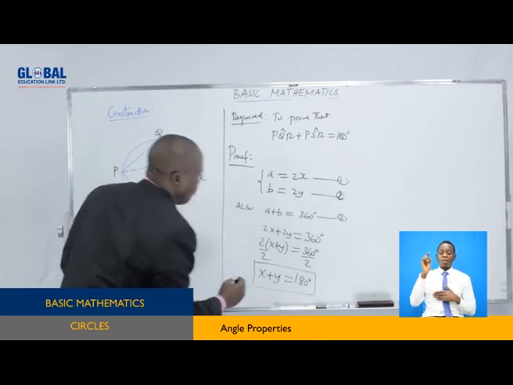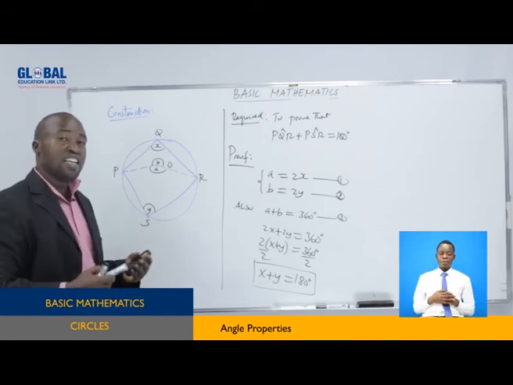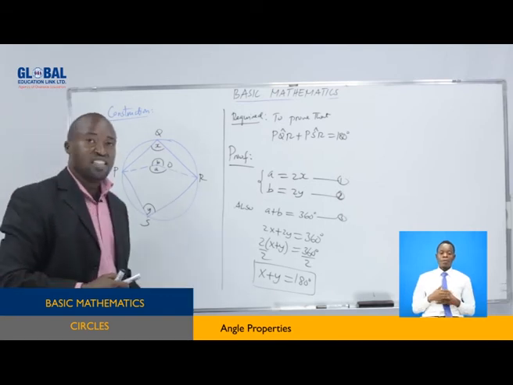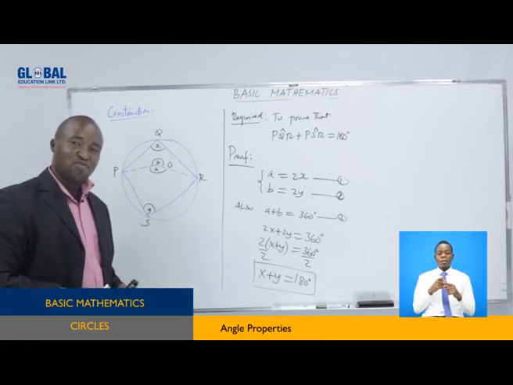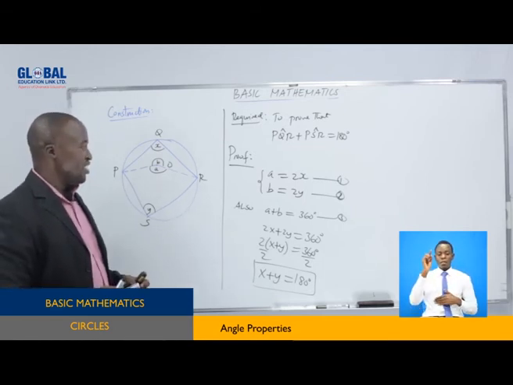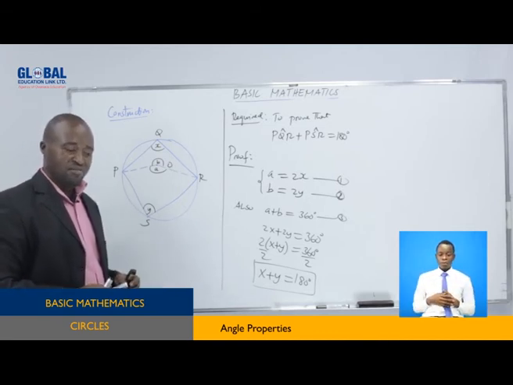So hence, proved. This shows that the opposite angles in the cyclic quadrilateral add up to 180 degrees. So again, students, I hope we are together. Now let us do the review question concerning this theorem.